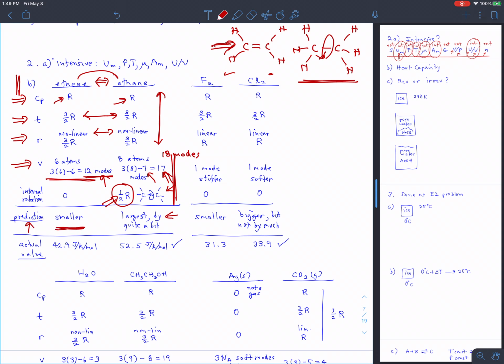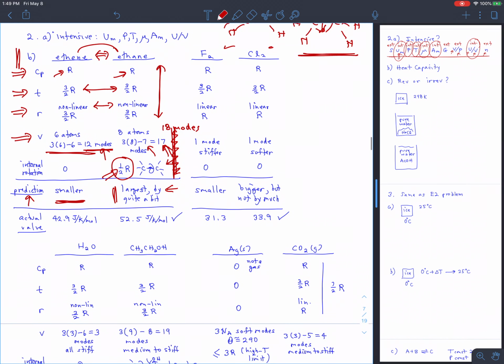I predict the ethene will be smaller, the ethane will be larger, and because I think these differences are going to be reasonably substantial, I say larger and by quite a bit. If we look up the numbers from the tables, it's about 43 for ethene and about 53 for ethane, so ethane is indeed bigger and indeed by a fair margin.